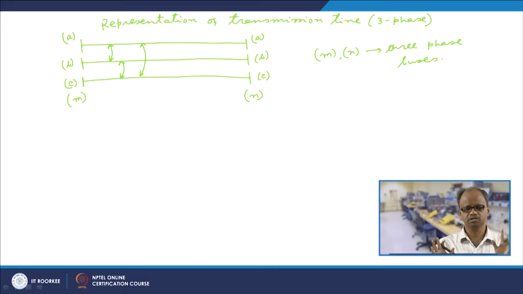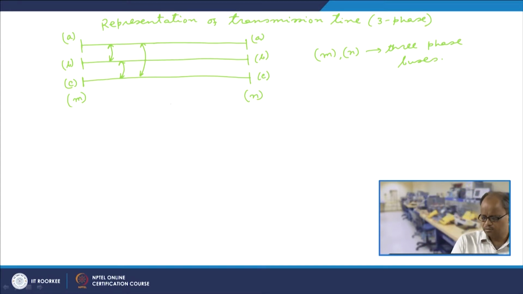half line charging susceptance. So we need to represent all these individual impedances, the mutual impedances, the individual phase half line charging susceptances as well as the mutual half line charging susceptances.